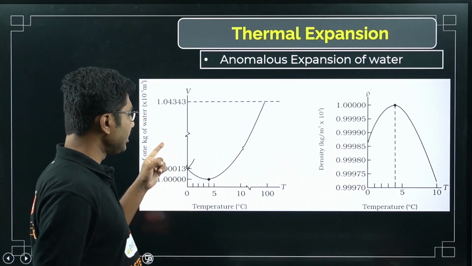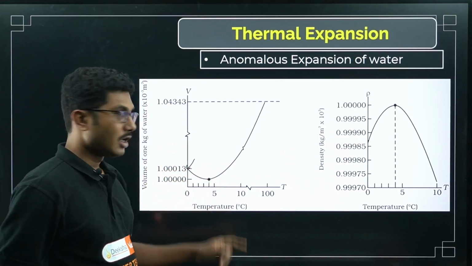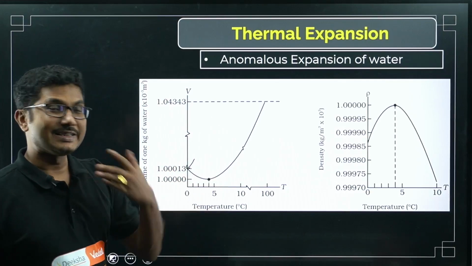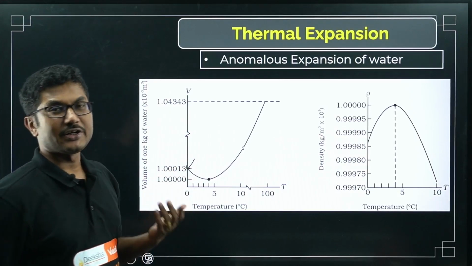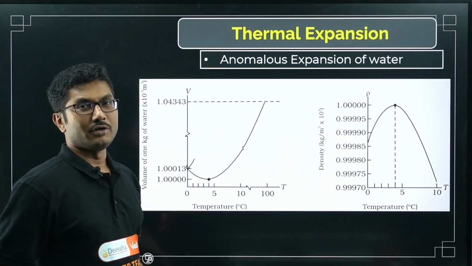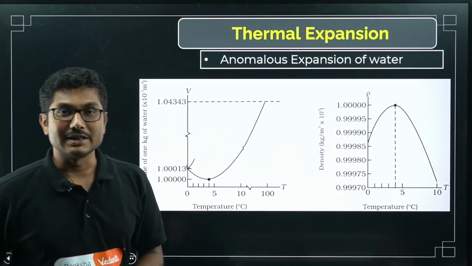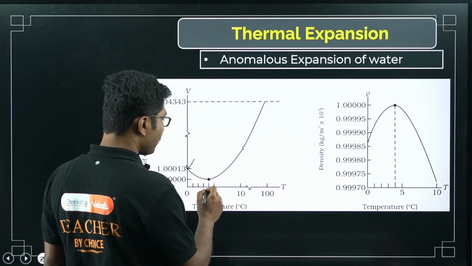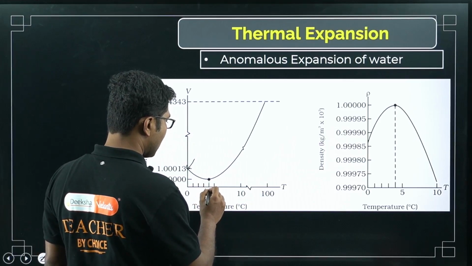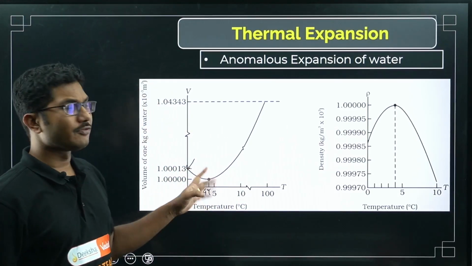Its volume initially starts to decrease. Instead of increasing as you increase the temperature, the volume of water decreases initially. Up to how much? Up to 4 degrees Celsius, its volume decreases.